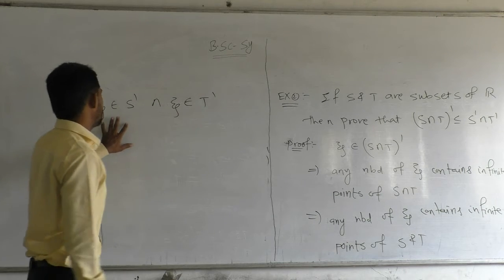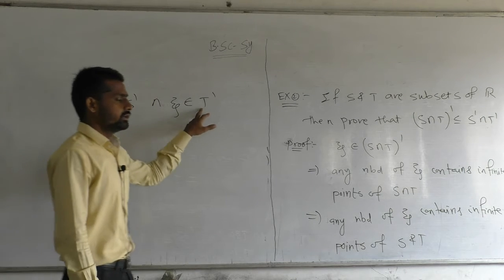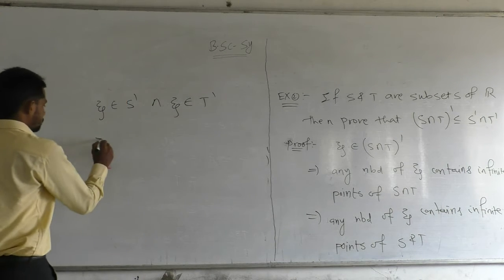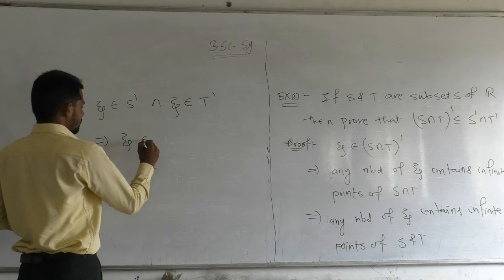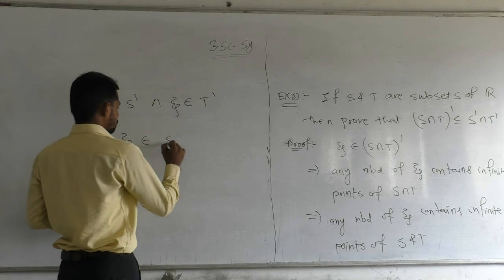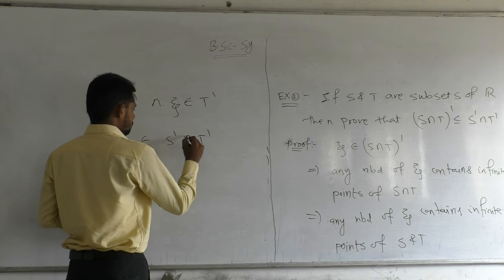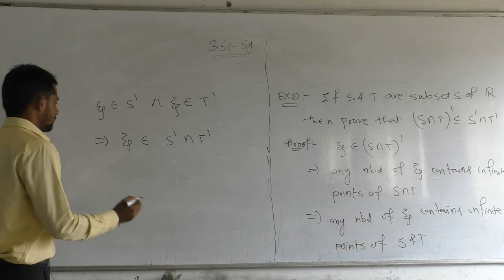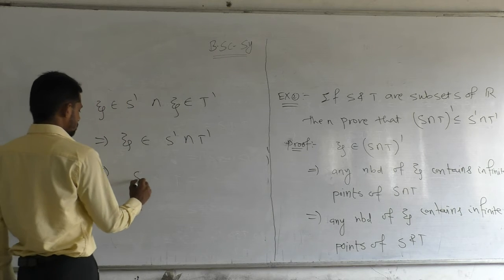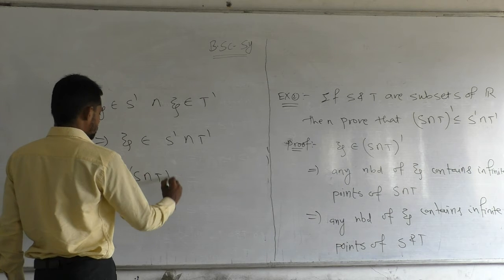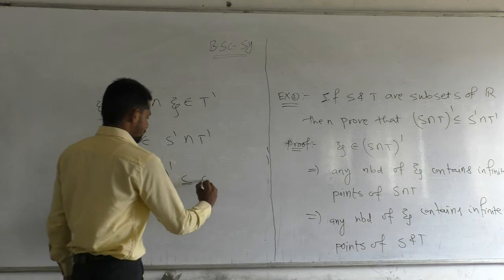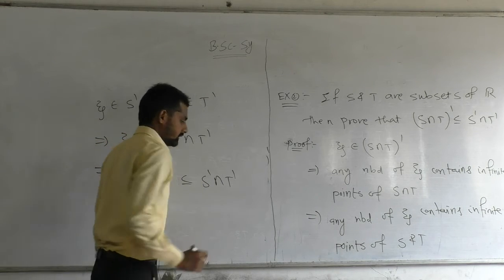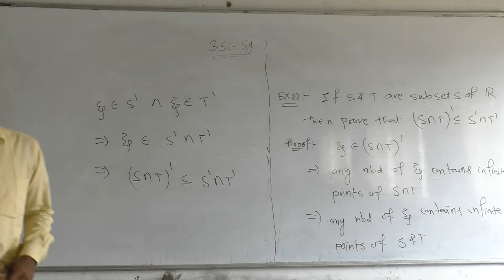That is, zeta is a limit point of S and zeta is a limit point of T. From this we can write zeta belongs to S dash intersection T dash. That is, zeta is a limit point of both S and T. This implies that the derived set of S intersection T is contained in the derived set of S intersection the derived set of T.